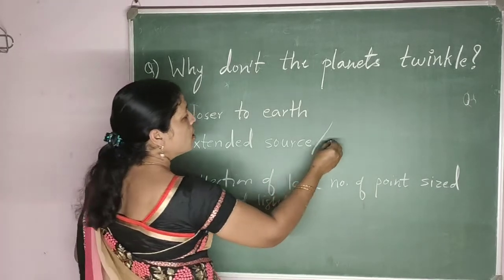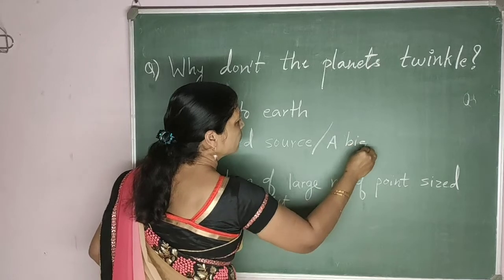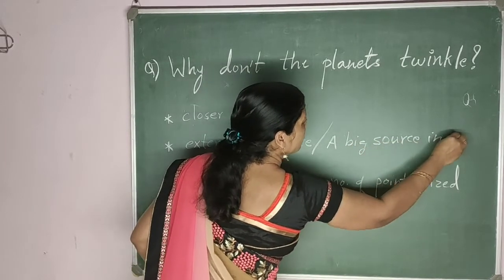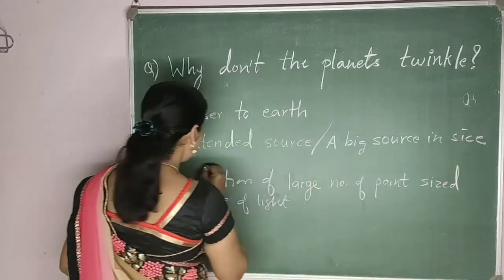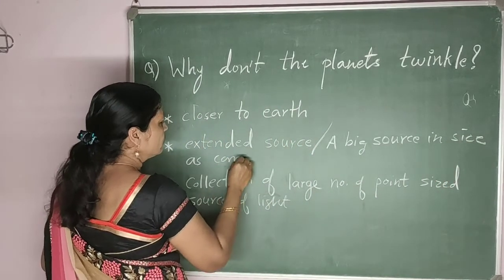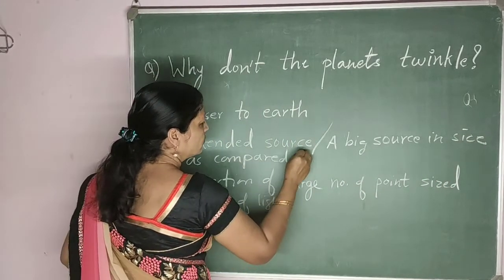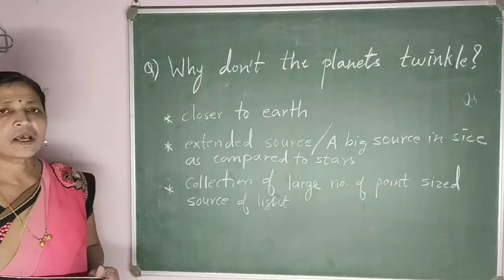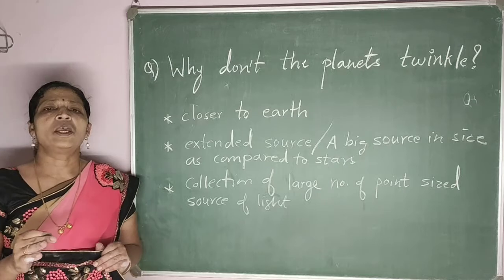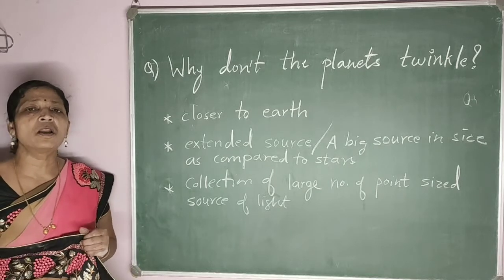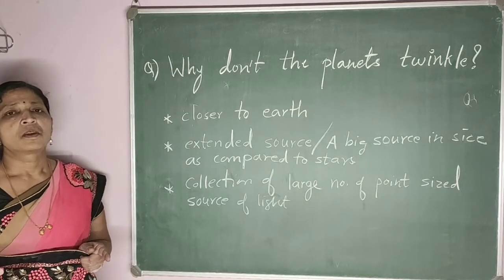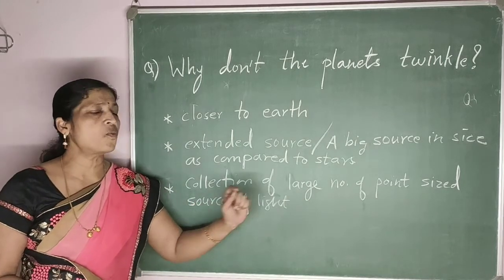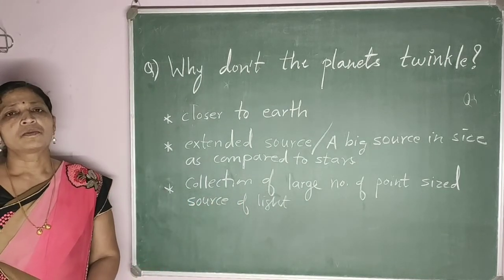Extended source means a big source in size as compared to stars. Planets are closer to the earth, so they are large in size. So they are considered as a collection of a large number of point-sized sources.